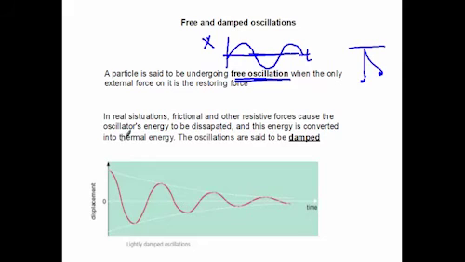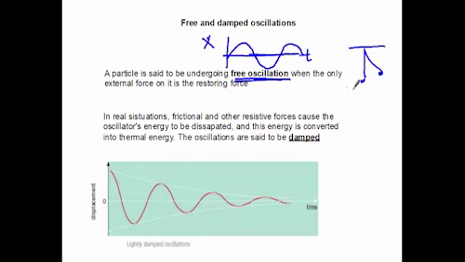When the energy is dissipating, it can be converted into thermal energy, for example, because of the friction. Then the oscillation is said to be damped. As we have here, in a damped oscillation, the amplitude is decreasing with time.